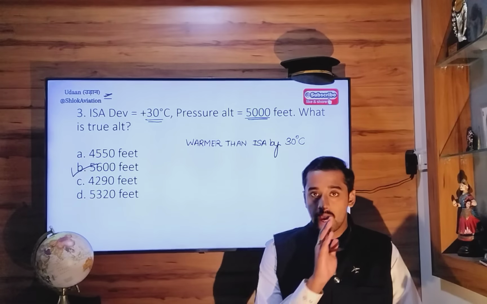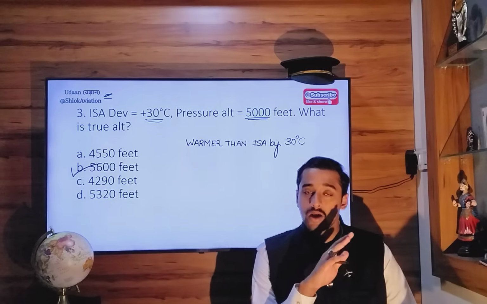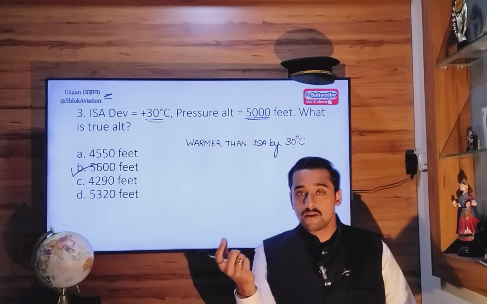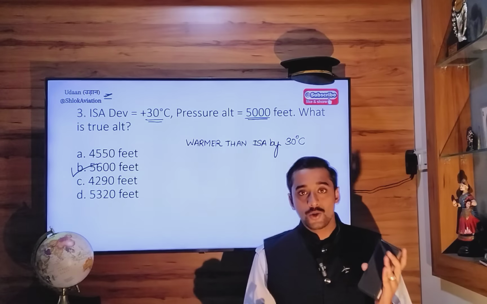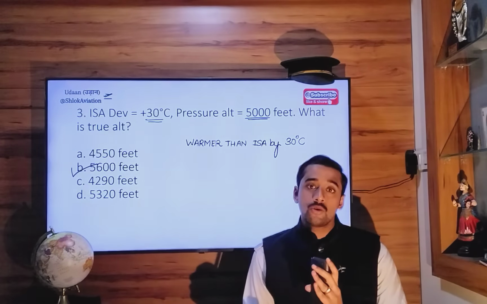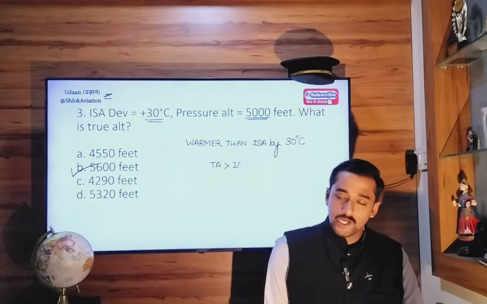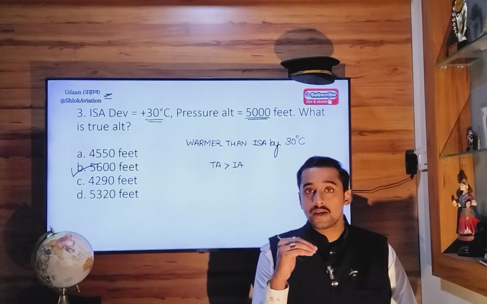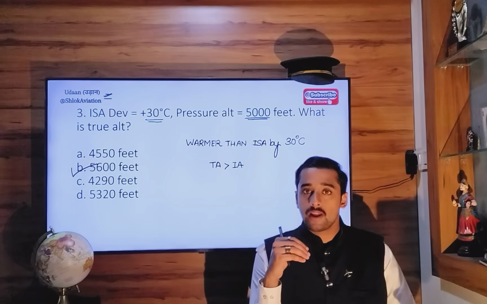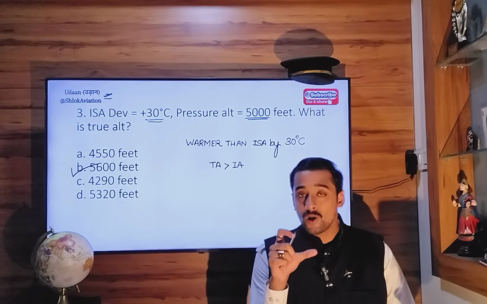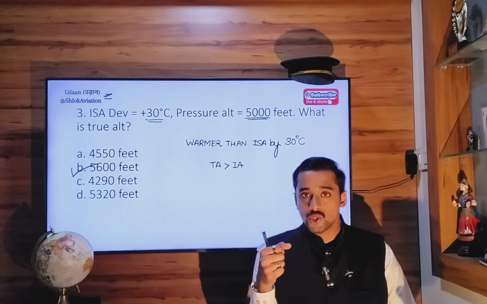Whenever you fly from an ISA air mass into a different air mass which is warmer than ISA conditions, your true altitude is always more than indicated or pressure altitude. Your altimeter may show 5000 feet, but the actual altitude you're flying will be more than 5000.